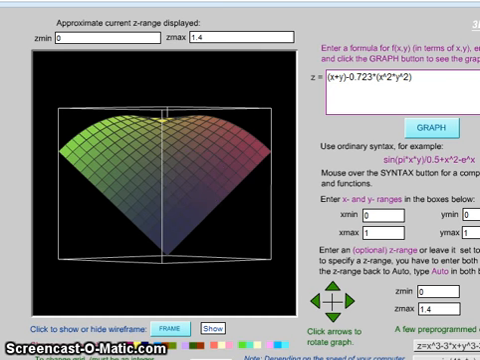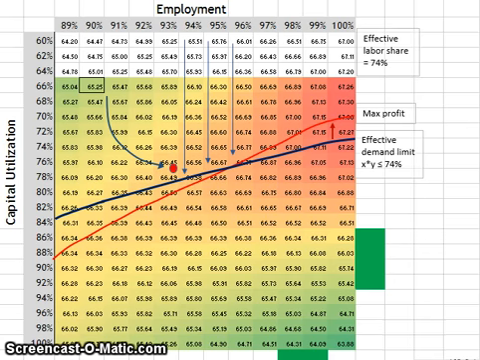So now I want to take this particular equation and show what's going on since the crisis. Okay, so here's a plot where you have employment and capacity or capital utilization, same thing. And so you have 100% capital utilization, or you have 100% employment of your labor.